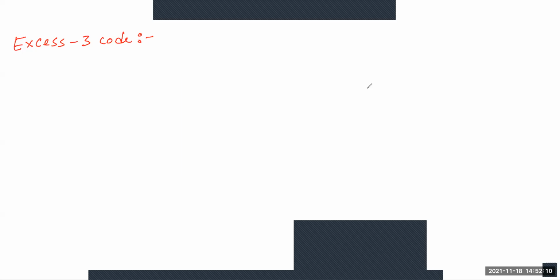In BCD code, each digit represents a single decimal digit. Suppose I give you 12. If we consider this a BCD code, how many digits are there? 2, sir.